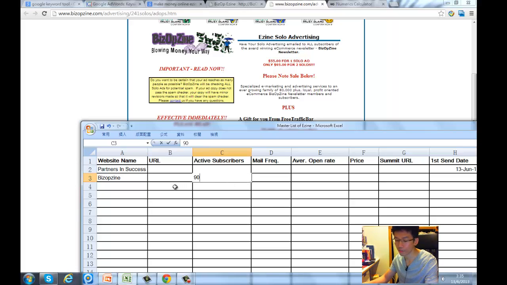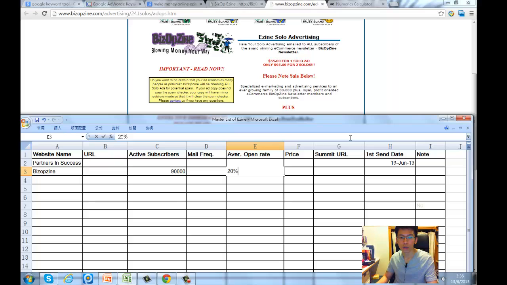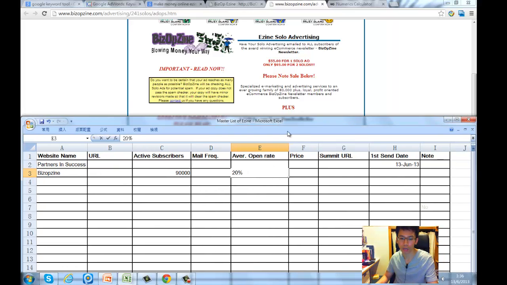And let's say if they're really offering 90,000 subscribers here, and if their mail frequency is good to go, and let's say if their average email open rate is 20%, and actually in the market 20% email open rate is nearly maximum, the highest rate.